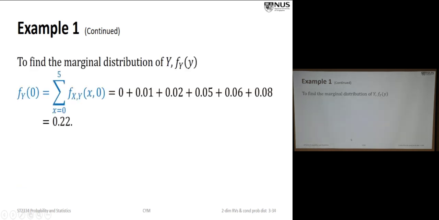Now how about the marginal of y? We just repeat, but this time we fix the y value and sum up all the joint probability function with the same y value but different x. So this is for y equals 0: this is f(0, 0), this is f(1, 0), this is f(2, 0), f(3, 0), and so on.